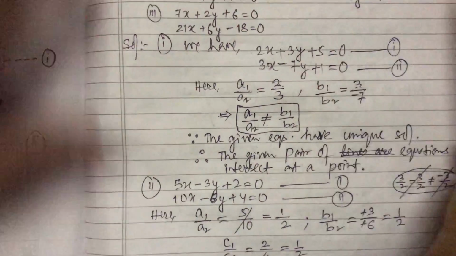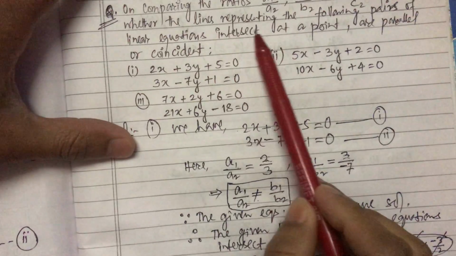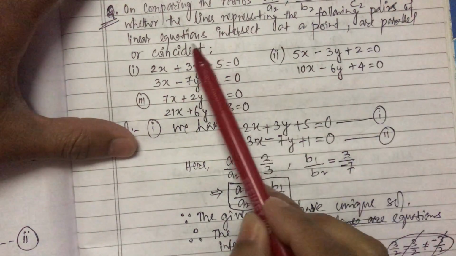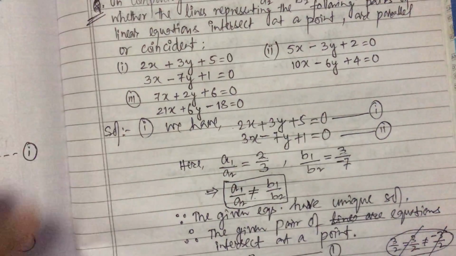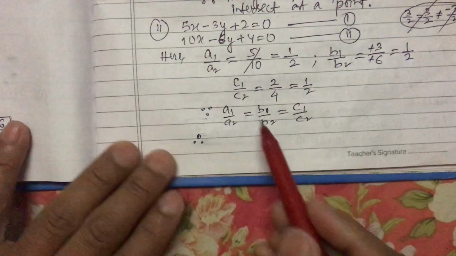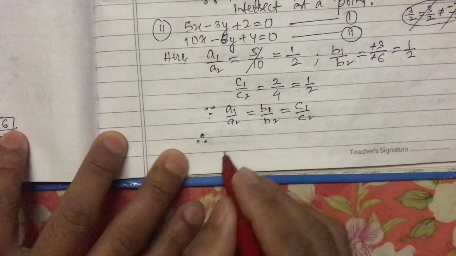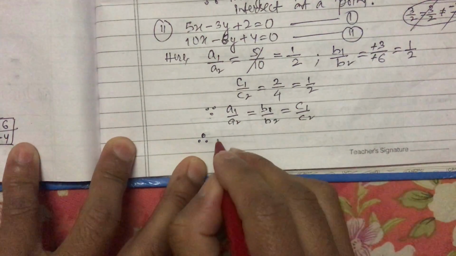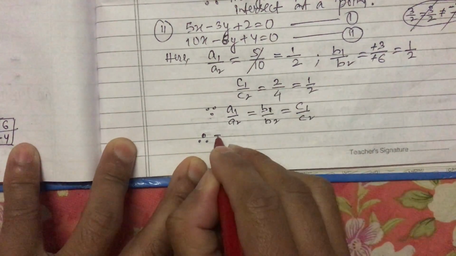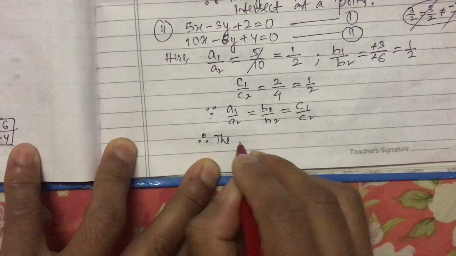So in this question they were asking intersect at a point, parallel or coincident. So here we find this particular condition, a1 by a2, b1 by b2, c1 by c2 all are equal, so we can call lines are coincident.